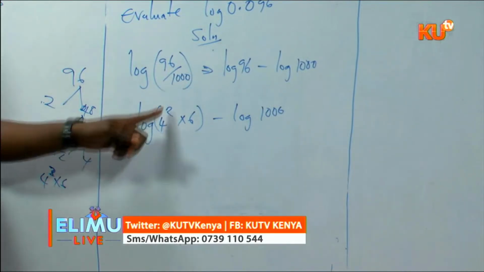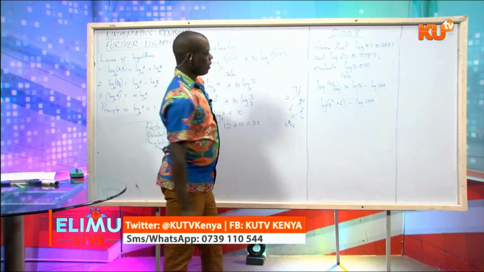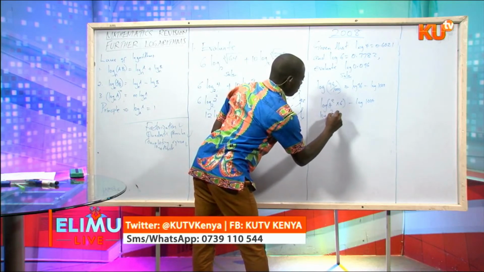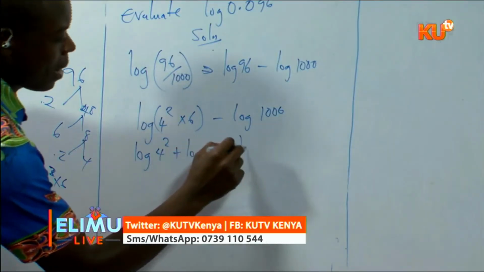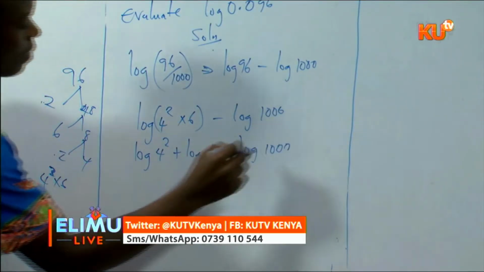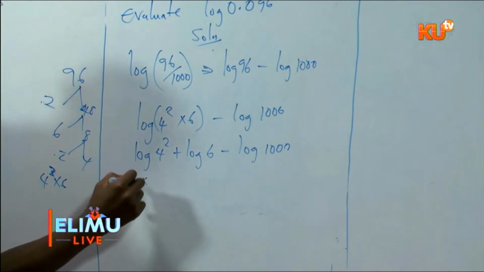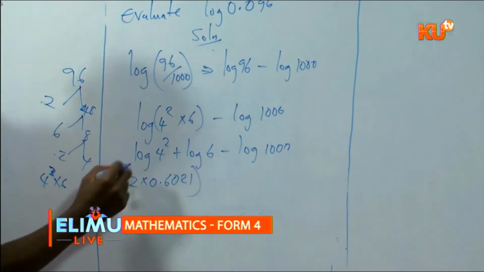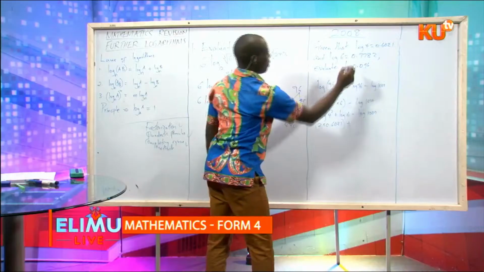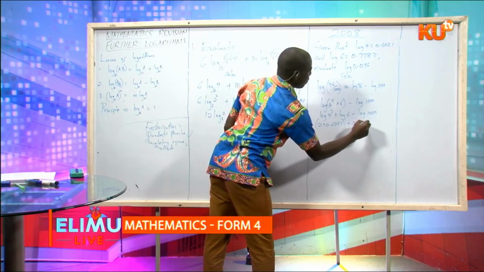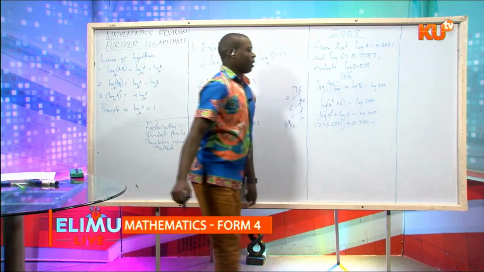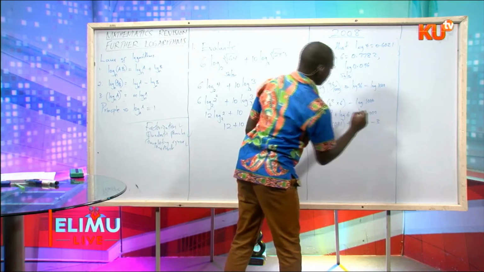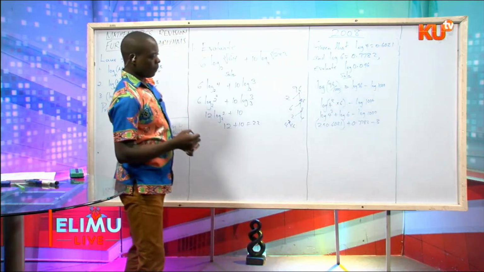Already given log 4 as 0.6021. So this means now I have 2 log 4 plus log 6 minus log 1000. Now log 4 is given as 0.6021, plus log 6 given as 0.7782. Log 1000 is 3 because that is 10 power 3.